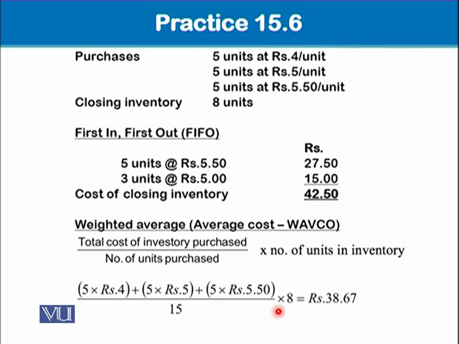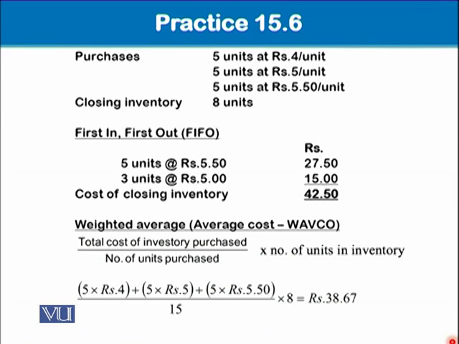You get a rate. Multiply that rate with 8, the closing units. The total cost of inventory under weighted average is 38.67. So this is how we calculate the weighted average based cost of inventory.